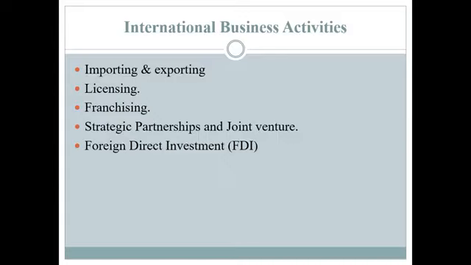Bringing inside is import, sending outside is export. Import export is the most fundamental and the largest international business activity, and it is often the first choice when a business decides to expand abroad, as it is the easiest way to enter the market with a small outlay of capital.